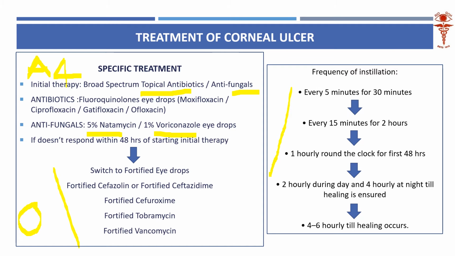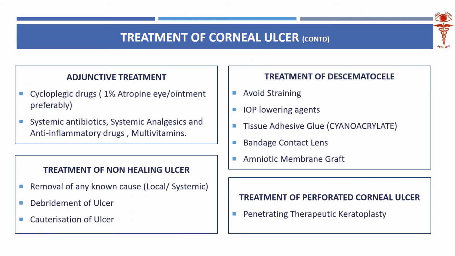So in fortified eye drops, we take the parenteral preparation of the drug and mix it into artificial tears or normal saline and make it into an instillable topical drug. That is the logic of creating fortified eye drops. So when fortified eye drops are used very frequently, there is a good chance of the ulcer responding to this kind of treatment.